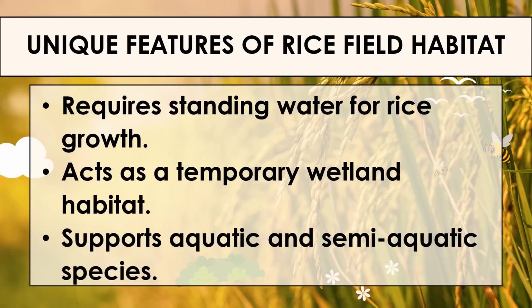Unique features of rice field habitat. First, requires standing water for rice growth. Second, acts as a temporary wetland habitat. Third, supports aquatic and semi-aquatic species.